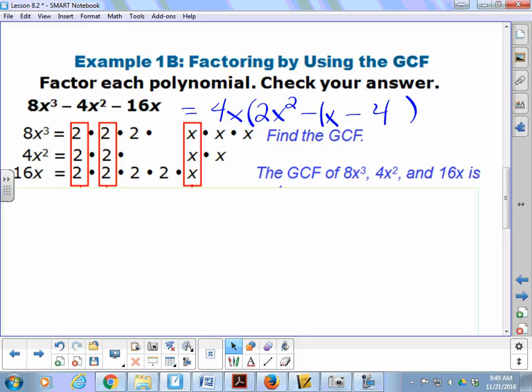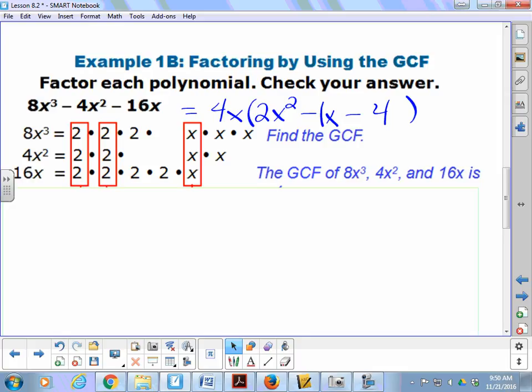Prime factorization for 4x squared, 2 times 2, and then multiply that by x times x. And then 16x, we have 4 2's and x. So notice what we've done here is we've written all the numbers first, then the variables, and we've kind of separated so that we can line up all the like terms, all the things that are alike.